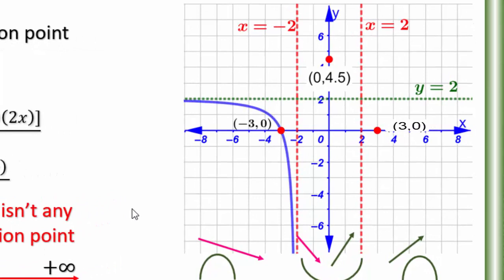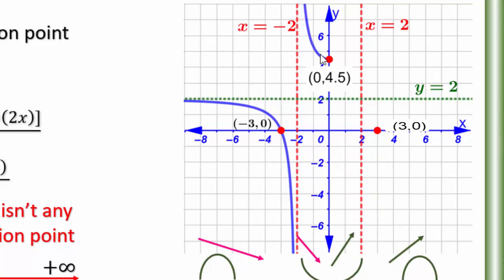If we draw the graph of the function, as you can see, at the interval from minus infinity to minus 2 the function is decreasing and convex, like this. But at the interval from minus 2 to 2, first from minus 2 to 0, the function is decreasing, but it is concave, like this.